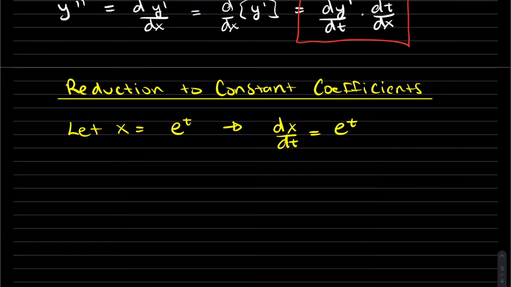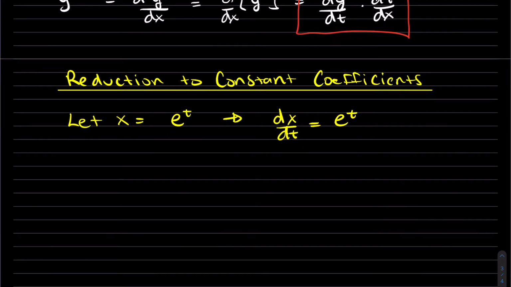And then let's say I needed dt dx? Well, it's just the reciprocal. That means it's going to be the reciprocal of this. Okay?